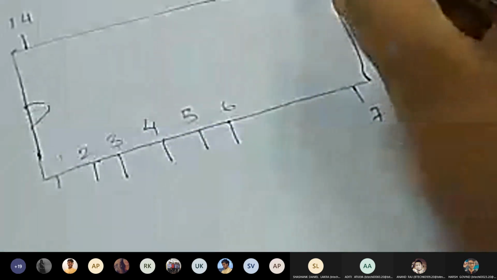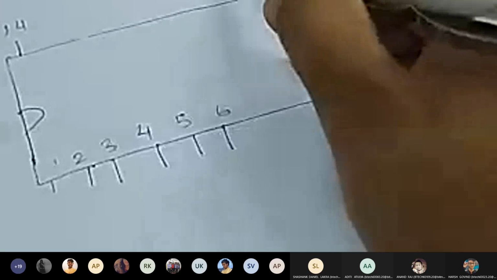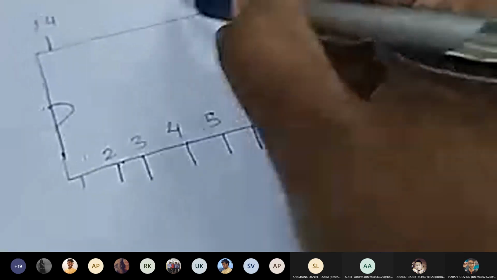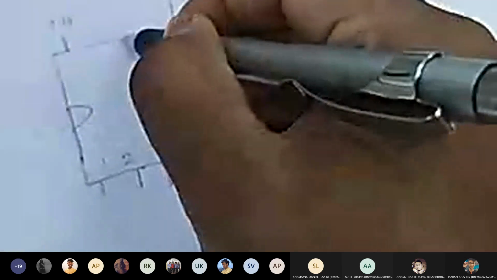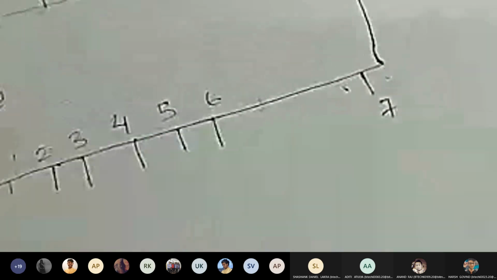Then here it is 8, 9, 10, 11, 12, 13, and 14. So 14 pins, all of you can see. Is it becoming big, no?